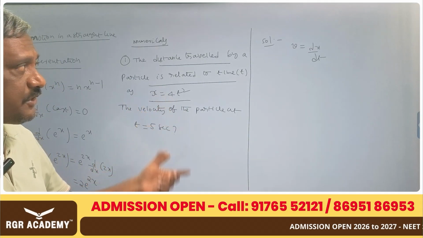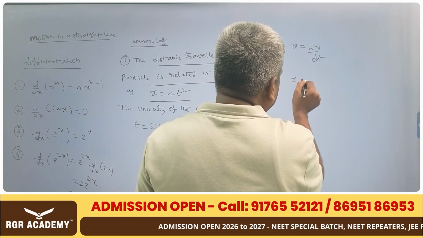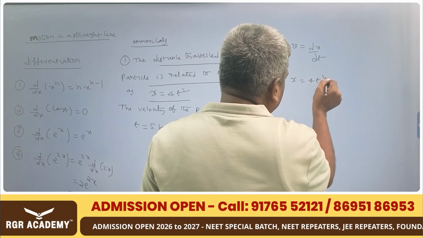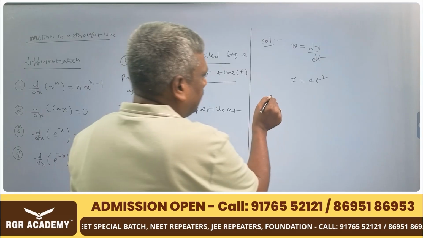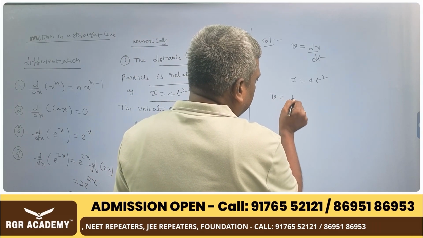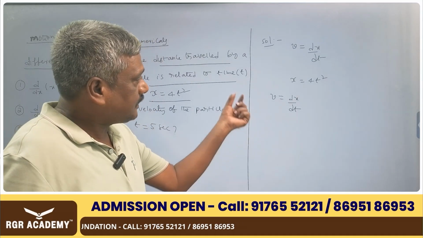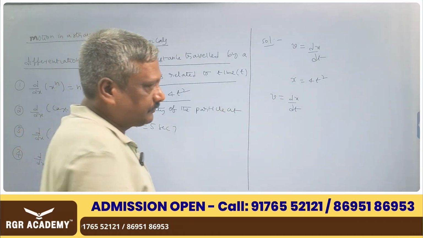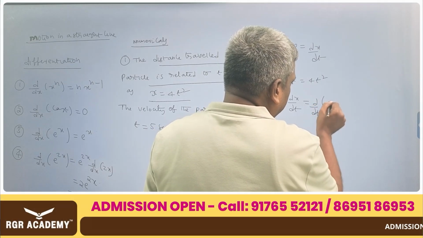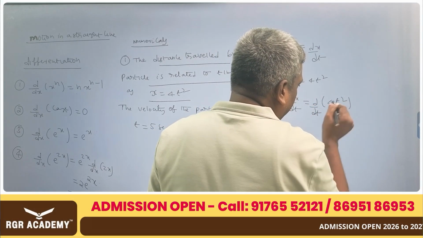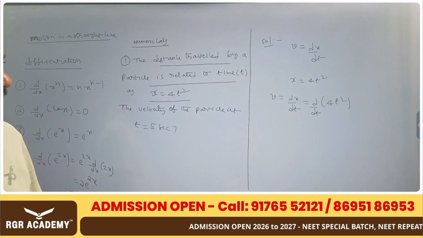The distance traveled by a particle is already given in the question. x is equal to what? 4t square. Therefore v is equal to what? Dx by dt. Substitute x value here. What happened now? This becomes d by dt of 4t square.